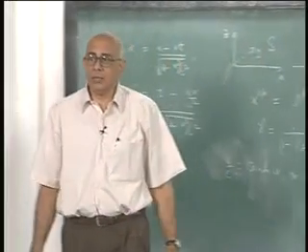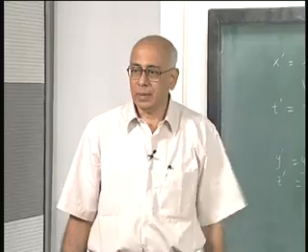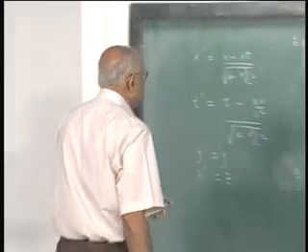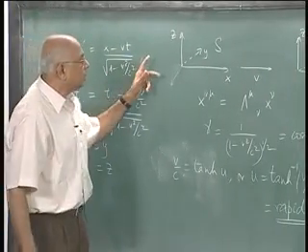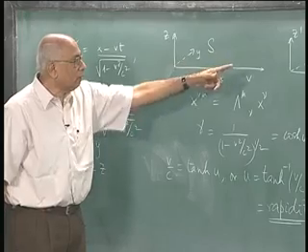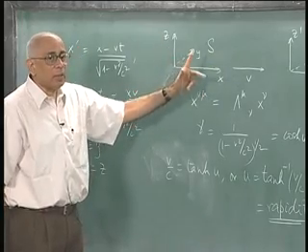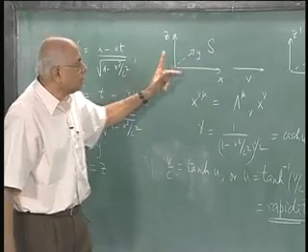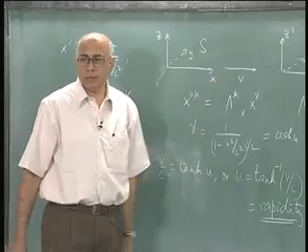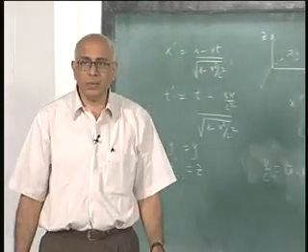So the general transformation would be much more complicated, but we have written down a special Lorentz transformation in which the axes of the second frame are oriented parallel to the first, and the velocity is along one of the coordinate axes; otherwise it is much more complicated to write down.